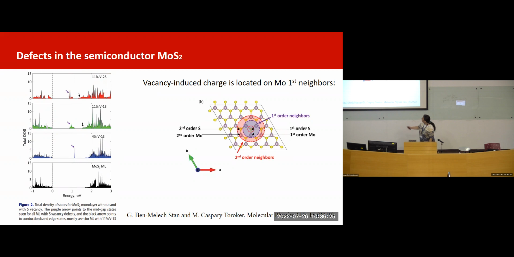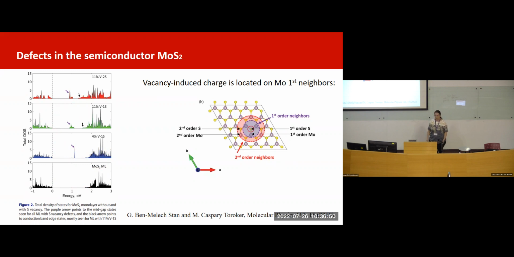And so what we can see in the density of states is that the material has a band gap of above 1 electron volt. Then when we add more and more vacancies, you can see in the arrow a trap state is formed. Also the edge of the conduction band moves to lower energies on the scale.